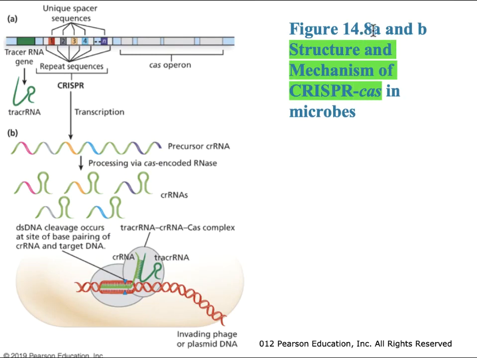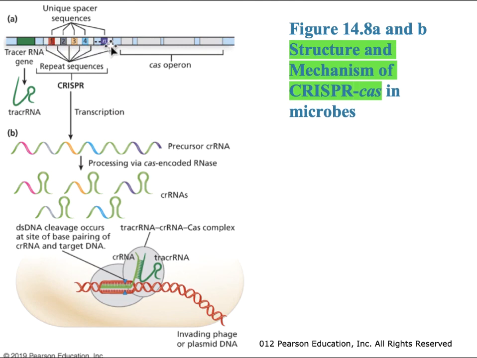Figure 14.8a shows us the arrangement of the CRISPR locus along the chromosome of bacteria. So we have, in this case, the cassette that makes the tracer RNA. That tracer RNA has a structural role in holding things together. Then we have the CRISPR locus itself, and the repeats are indicated in different colors in this case.